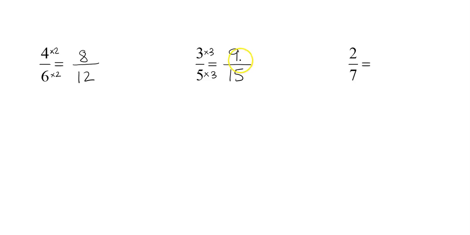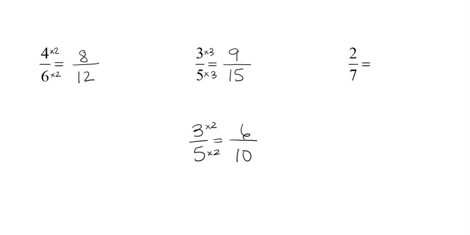So that number here, 9/15, is equivalent to 3/5. So if I took that same fraction of 3/5 and I multiplied each number by 2, I would get 6/10. And so 3/5 is equivalent to 6/10, which means 6/10 is also equivalent to 9/15.